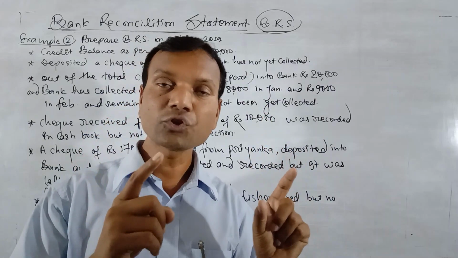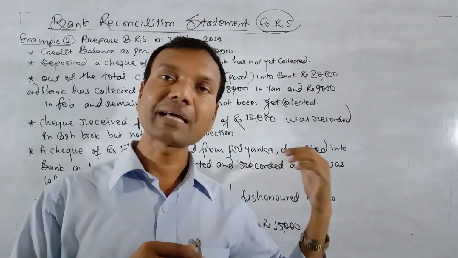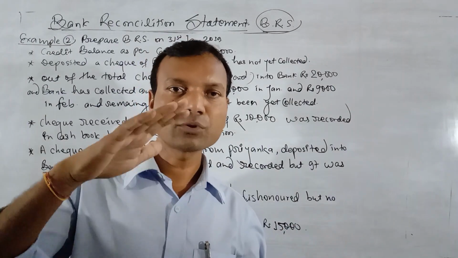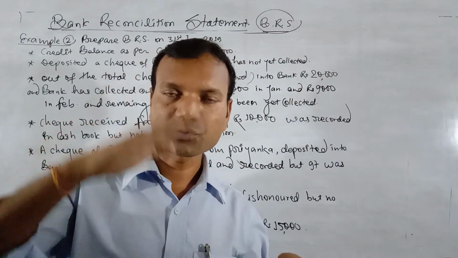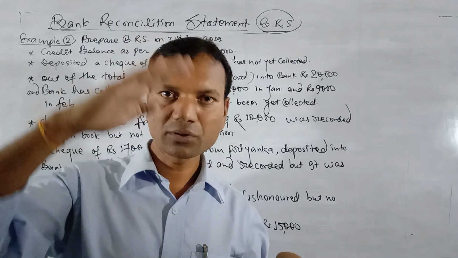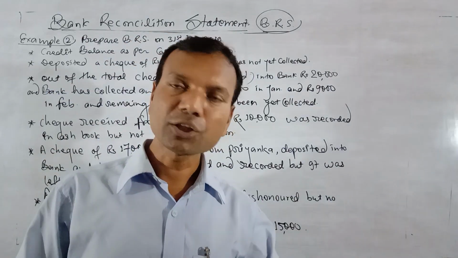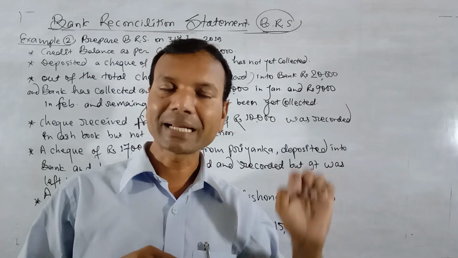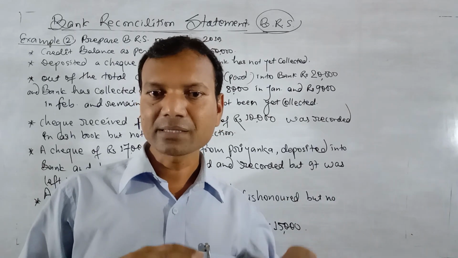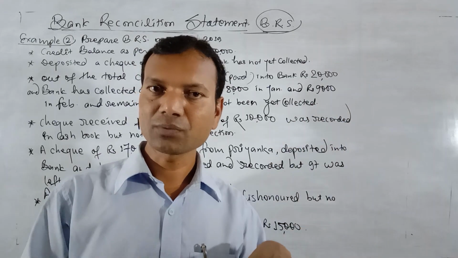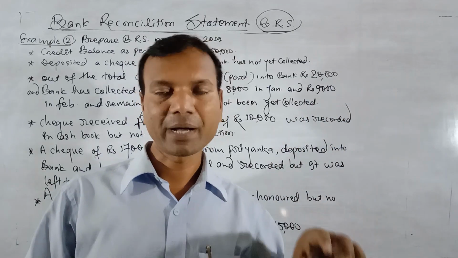The decision should be taken as you started in the beginning. If we started with the cash book, the decision should be made in the cash book, either increase or decrease to make the balances equal. If we started with the passbook, that decision should be taken in the passbook.